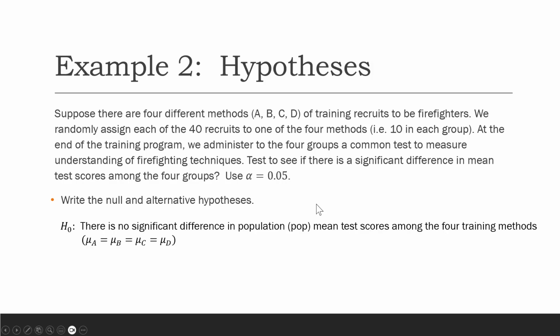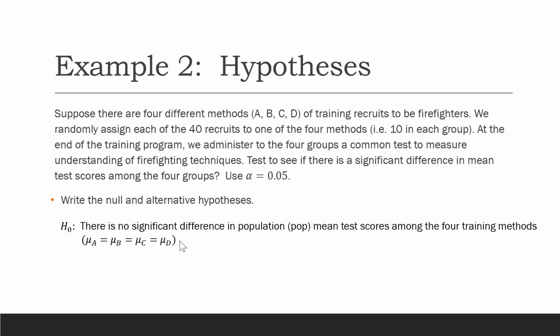Here, my null is that there is no significant difference in population mean test scores among the 4 training methods, those 4 groups, right? That's another way that we can write our null hypothesis. You will see sometimes in symbols, you can write your null hypothesis this way. Again, you do not have to give both of these as your null hypothesis. I'm just showing you this in this example here.